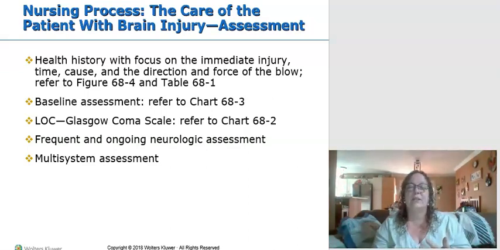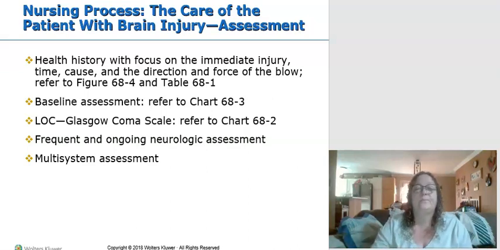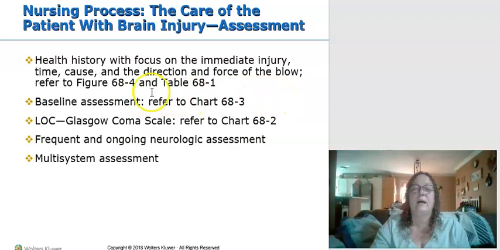When did the injury occur? What direction was the force, right? There's a difference when we talk about motor vehicle accidents, like a head-on versus a T-bone. And what are our signs and symptoms at that time?